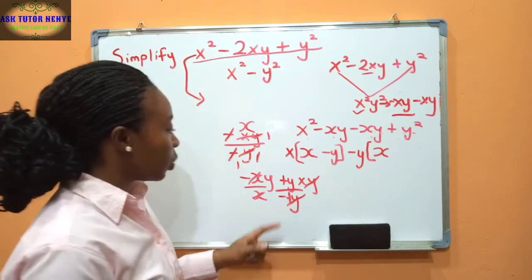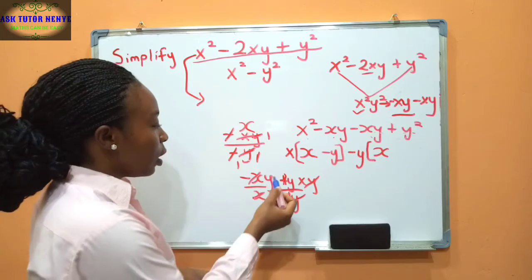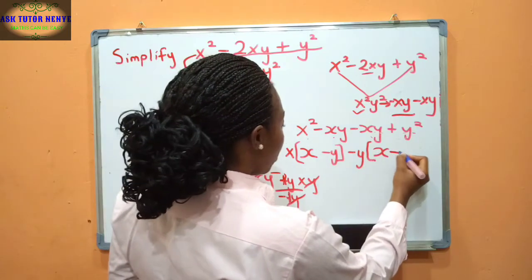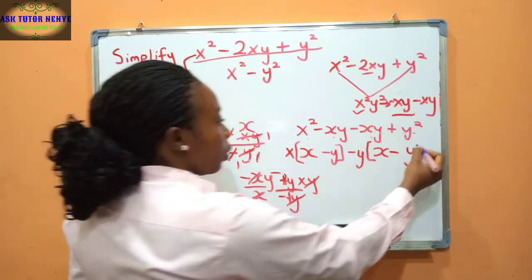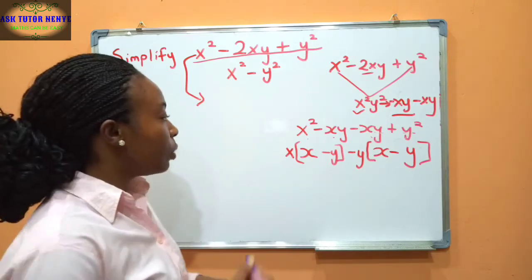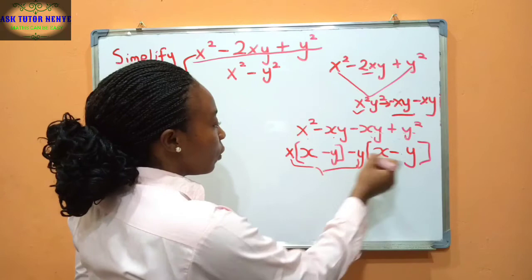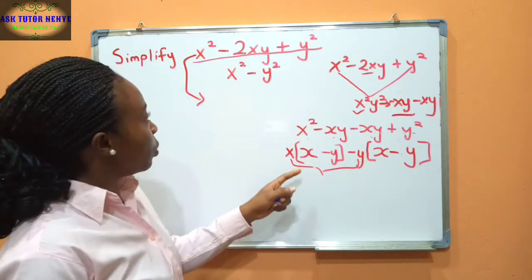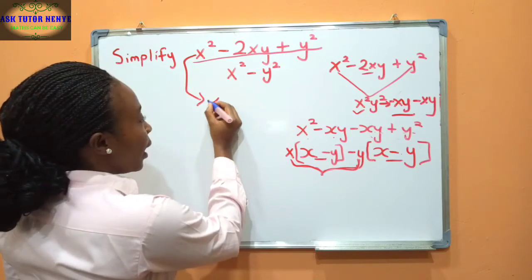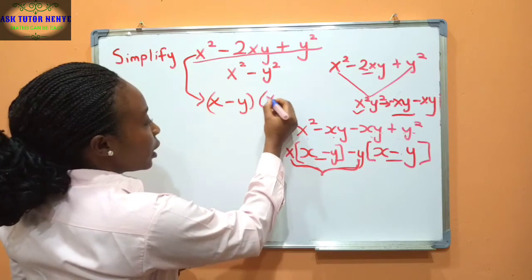So 1 divided by 1 is still 1, and then plus divided by minus gives us minus, so we'll be left with minus y. Then we close the bracket. Now we've gotten to this stage, what we simply do, let's pick this, okay? We're going to pick this and then pick one of these, okay, to become our numerator. So we're going to have x minus y and x minus y.